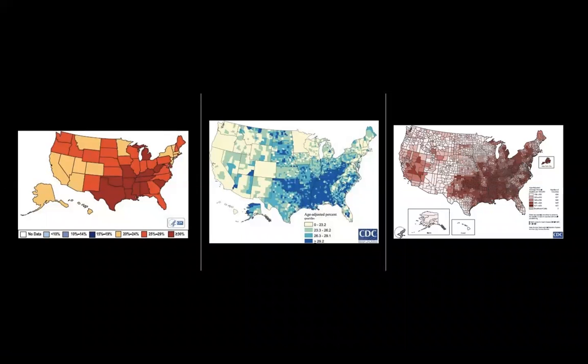These diagrams show, well, the first one shows BMI again. The red and darker red areas are the areas with the highest BMI. The middle one is a chart of leisure activity. The blue and dark blue areas are the areas with less leisure activity.